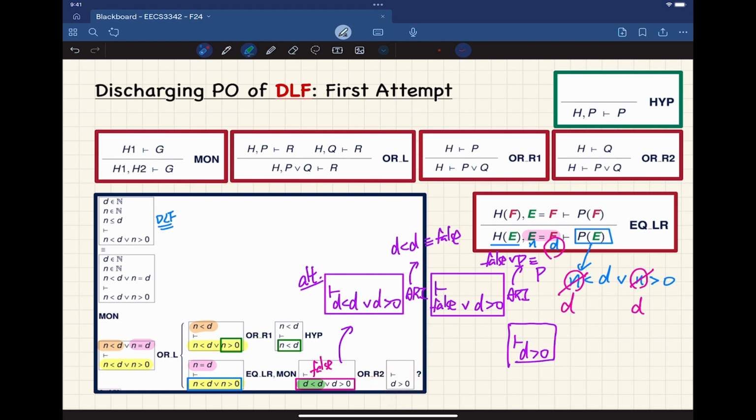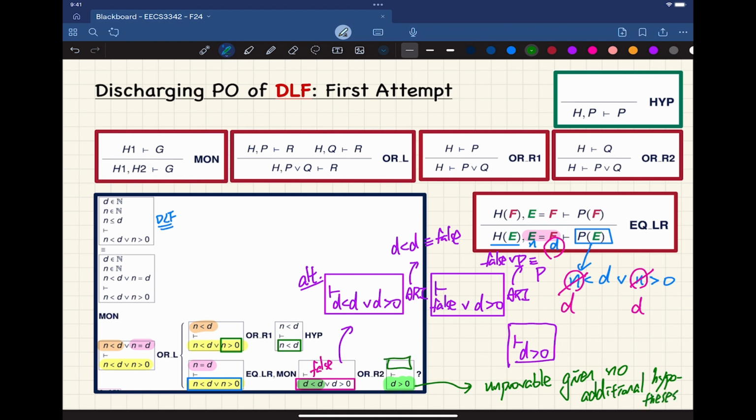So this is unprovable, given no additional hypothesis. You can see the hypothesis over here is simply empty. Nothing for me to use. So this is something that we have to work with.